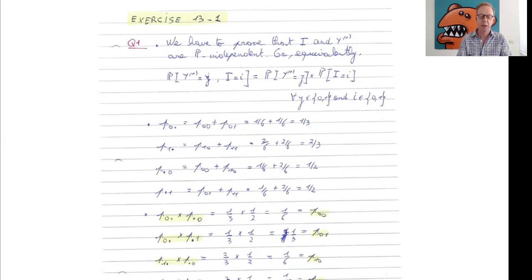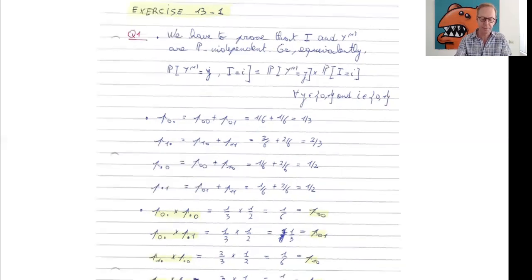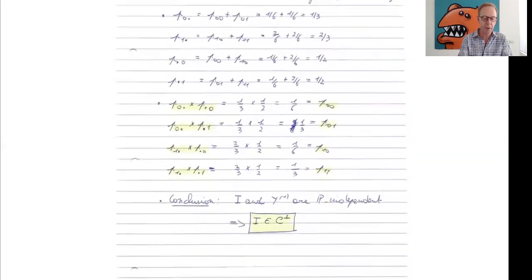In the same way, we can calculate the other marginal probabilities, the probability that the stock equals 1, and then the probabilities of 0 and 1 for the index. And then it is easy to verify that P00, for instance, the probability that we are in the scenario (0,0), is the product of the marginal probabilities P0 dot and dot 0.